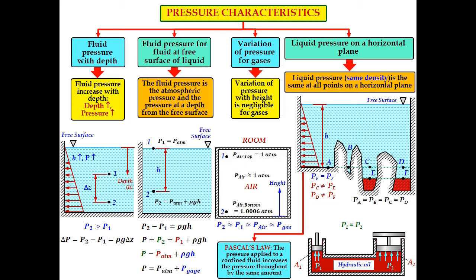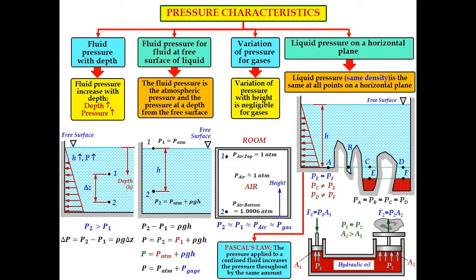A2 is bigger than A1. So let's say you want to lift a very heavy stone. We know that force equals pressure multiplied by cross-section area. So F1, when we apply a force to the smaller piston, is P1 multiplied by A1.